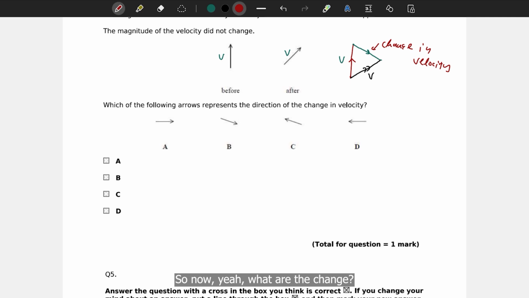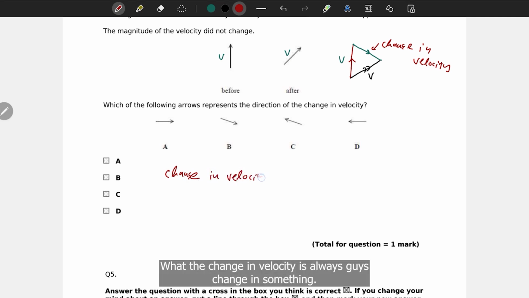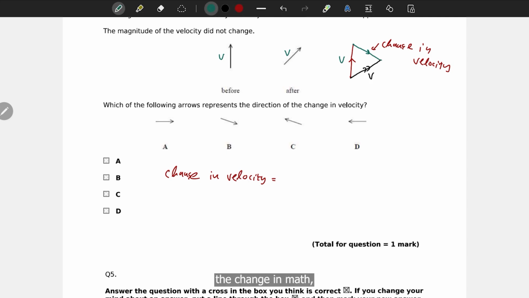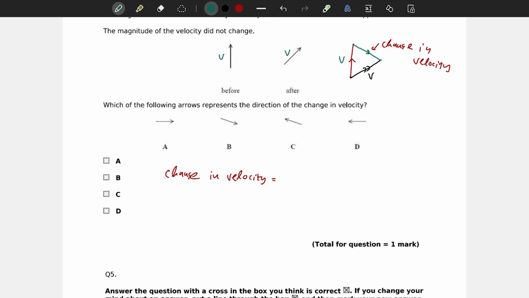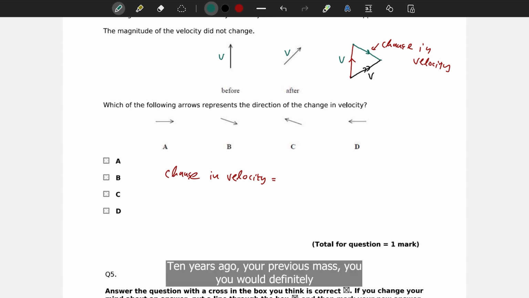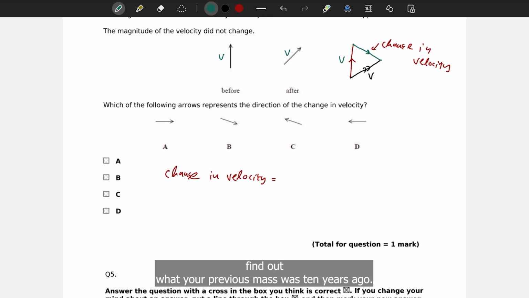So now, what is a change? This is very important. Change in velocity. Let's try to figure out what the change in velocity is. Always, guys, change in something. For example, the change in mass, your mass in the last 10 years. If I ever ask you to identify the change in mass, you will quickly go through your previous records and you will find your previous mass from 10 years ago.